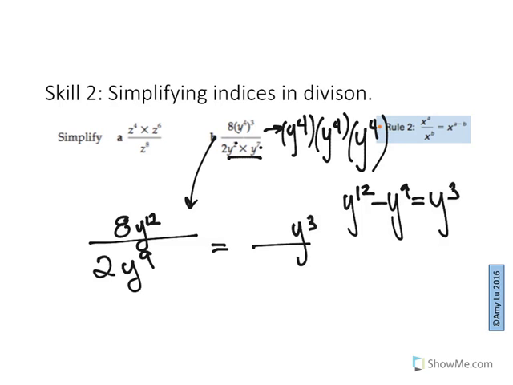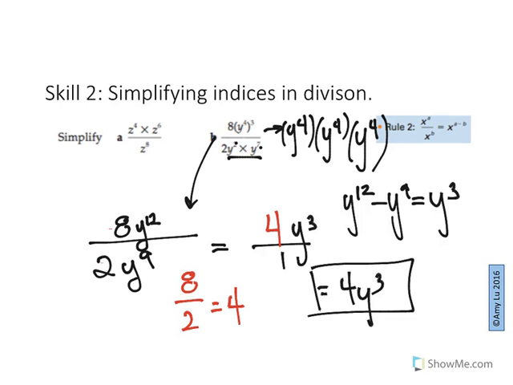Now we have to deal with the 8 and the 2. And if you think about it, 8 over 2 simply simplifies down into 4. So 4y cubed over 1, which is basically just 4y cubed. And that's it.